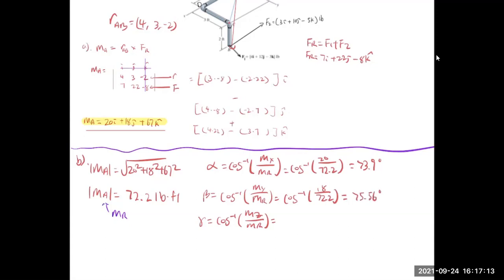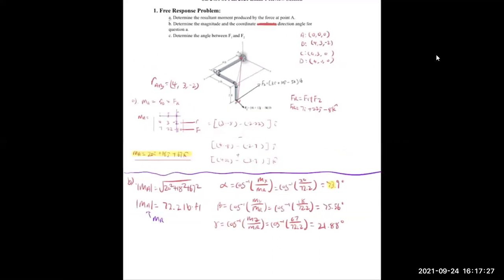And then for gamma, cosine inverse of 67 divided by 72.2, I got 21.88 degree for my gamma. Okay, and that's for part B.